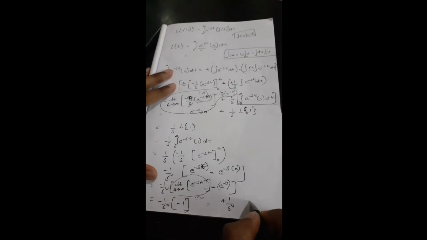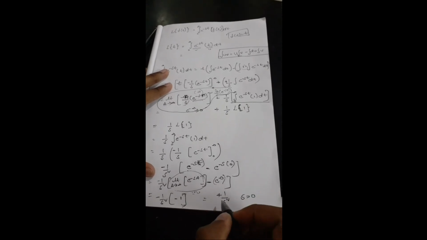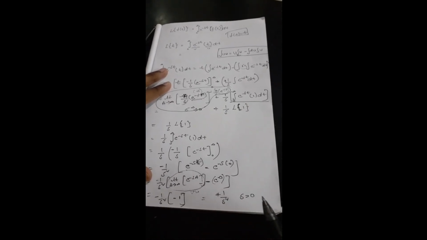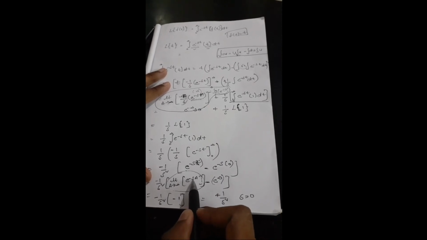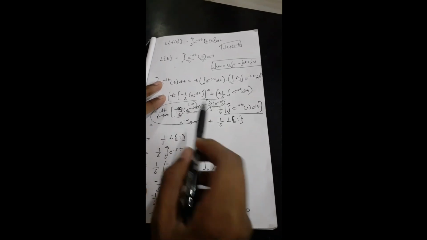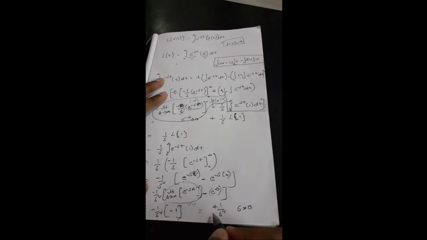We have to remember that this holds only when s is greater than 0, because we are multiplying, s is also greater than 0 here and here. So remember this, s is greater than 0. So that's it.